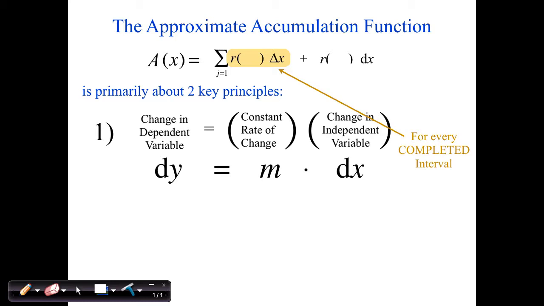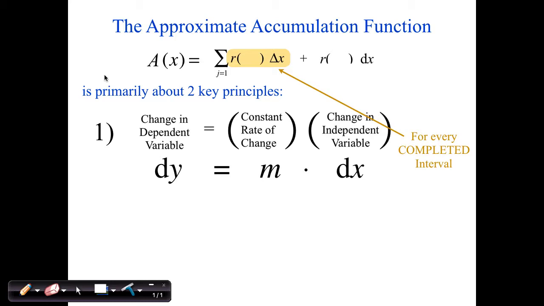But each summand, each of the terms of the sum, has a rate times a delta x. The delta x is the change in the independent variable for a full interval, for complete intervals. And this r of a plus some number of delta x's, whether it's 0 or more, that's going to be the rate that we use for each of those delta x intervals.